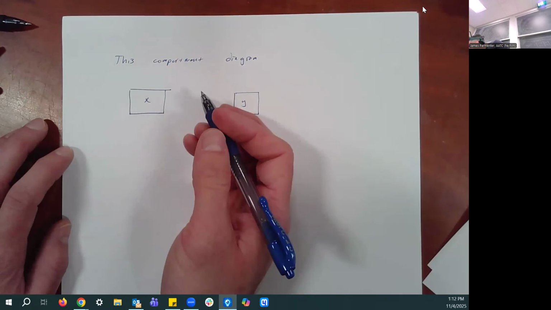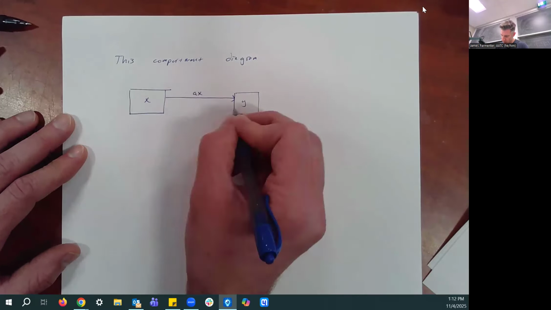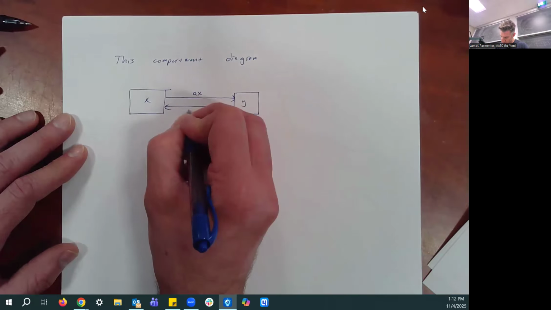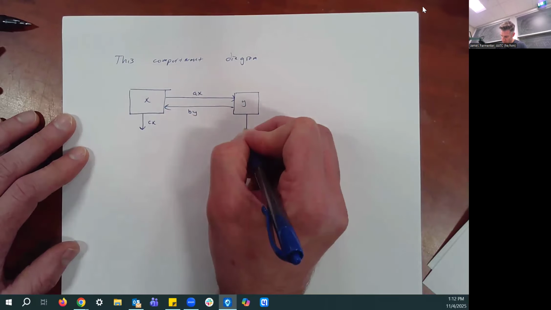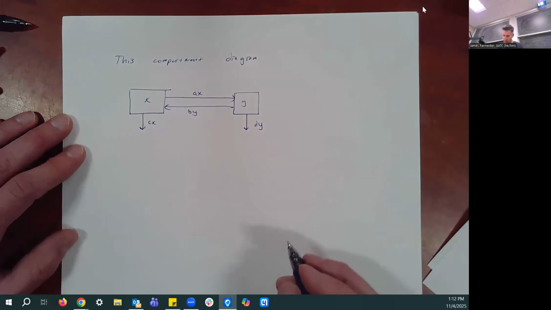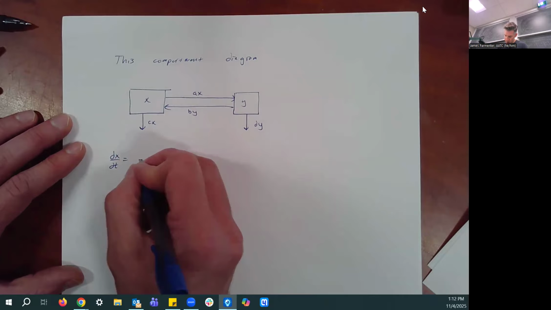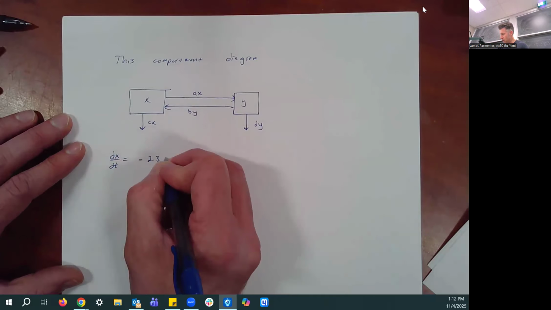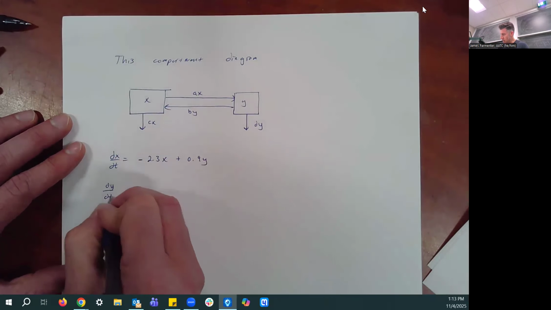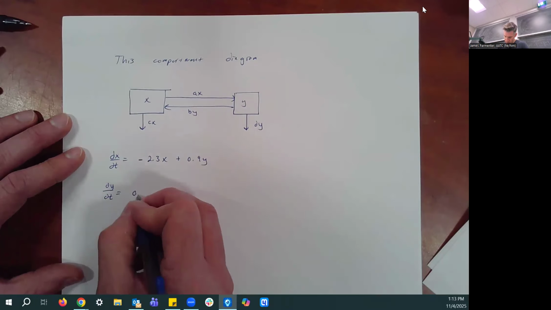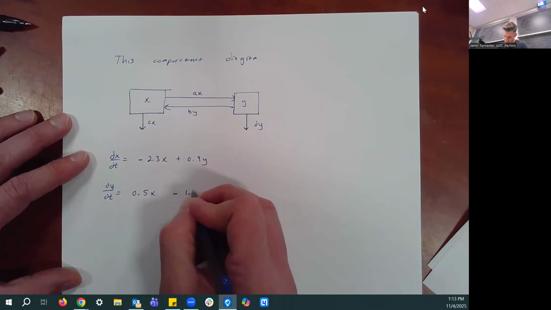From X to Y, we have A times X. From Y to X, we have B times Y. Going out of X, we have C times X. Going out of Y, we have D times Y. And we were told that dx/dt is equal to negative 2.3 x plus 0.9 y, and dy/dt is equal to 0.5 x minus 1.7 y.